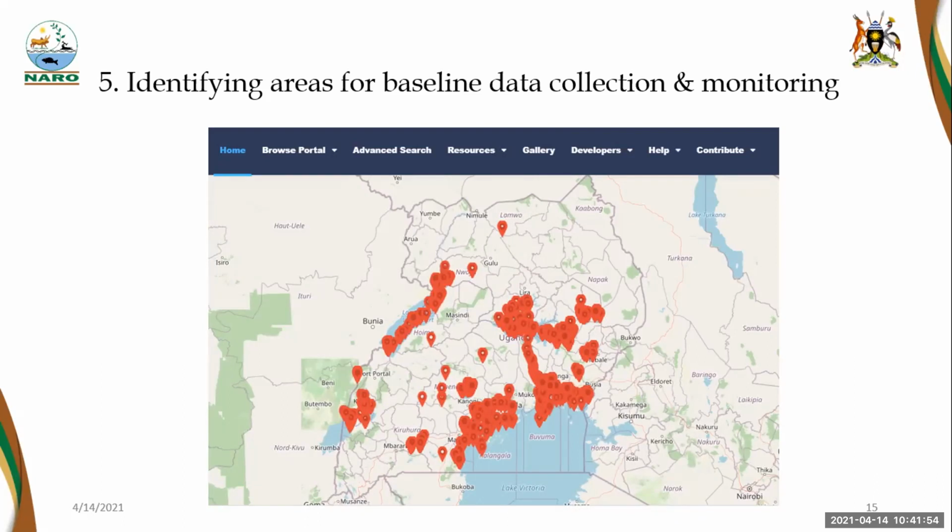And we have had some positive developments out of this map. I think soon we shall be able to get resources to collect baseline data from the less monitored or surveyed systems.